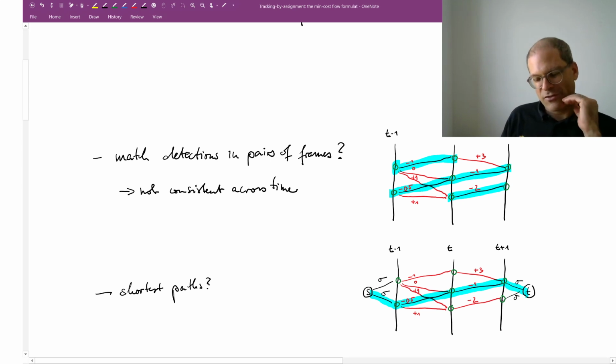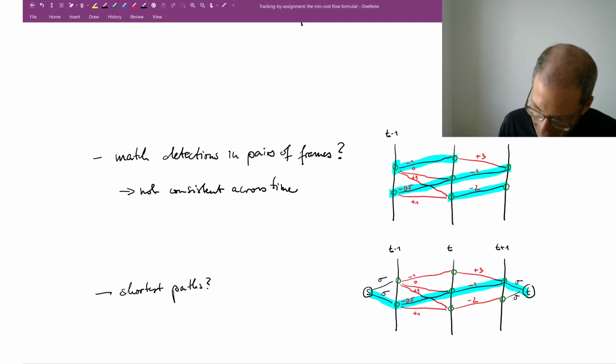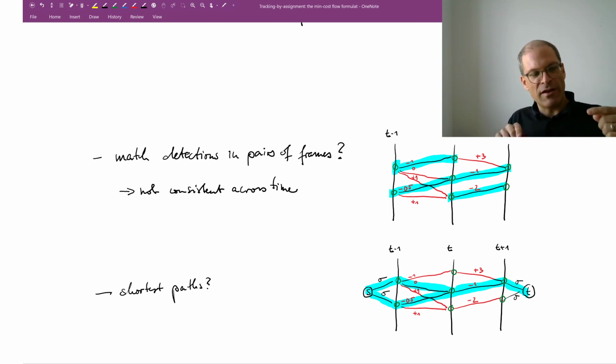But now I've tracked just one particle. Okay, I could maybe say, all right, fine, let's look for the second shortest path. And the second shortest path, or at least 1 second shortest path, would be that one. And now, however, if I interpret this in terms of tracking, it means that I have 2 cells that merge over time.